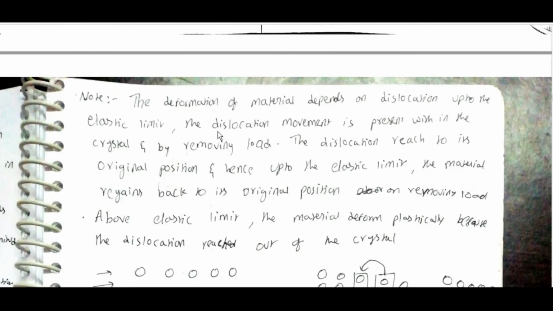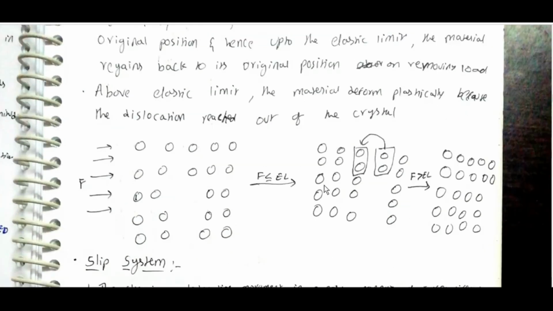Up to the elastic limit, the dislocation movement is present within the crystal, and by removing the load, the dislocation returns to its original position. Hence, up to the elastic limit, the material regains its original position on removing the load. Above the elastic limit, the material deforms plastically because the dislocation reaches out of the crystal.